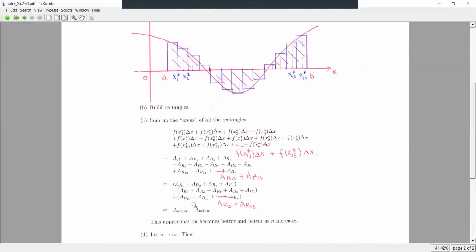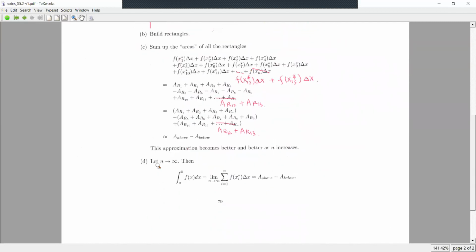That means it will approach the net area. So when we let n, the number of rectangles, approach infinity, the limit of this sum is equal to the total area above the x-axis minus the total area below the x-axis. But this limit, by definition, is this integral.